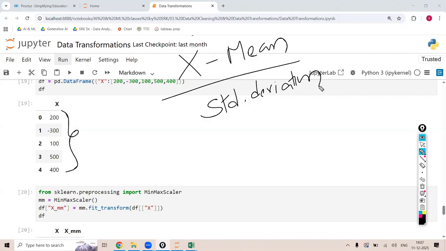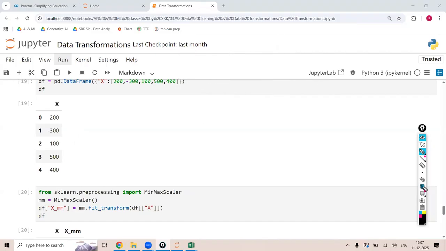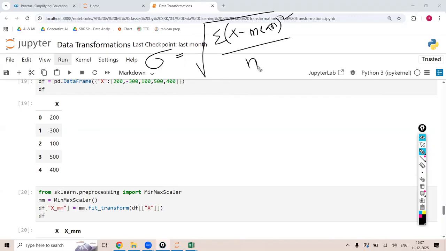Standard deviation is given by sigma, the square root of sigma of x minus mean value, whole square, divided by n. That is the formula for the standard deviation.